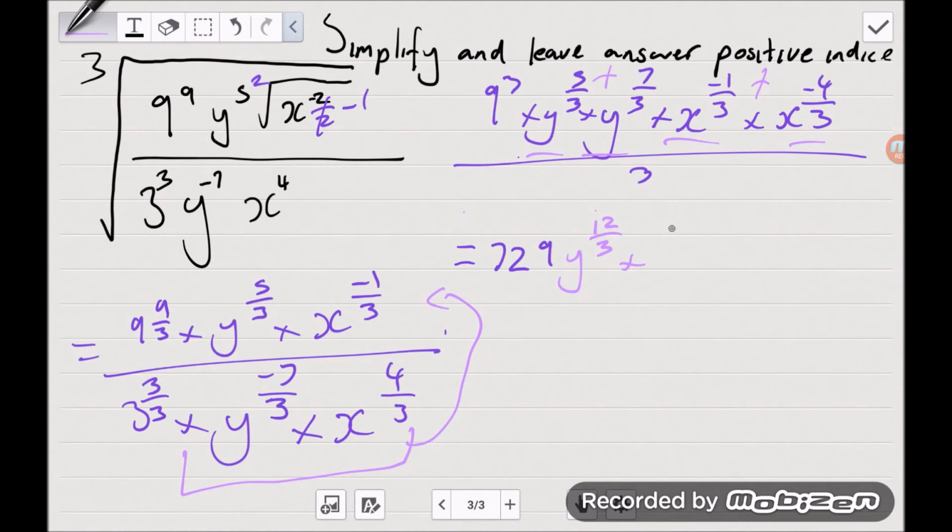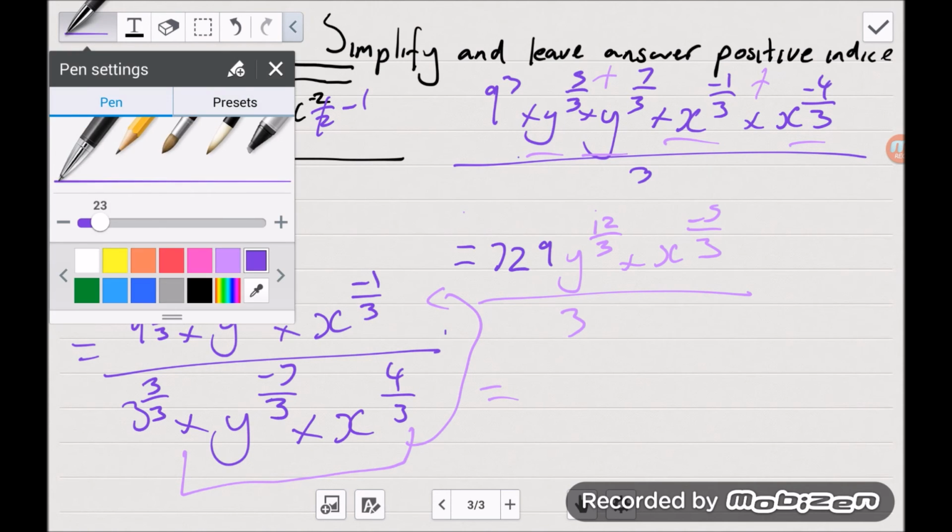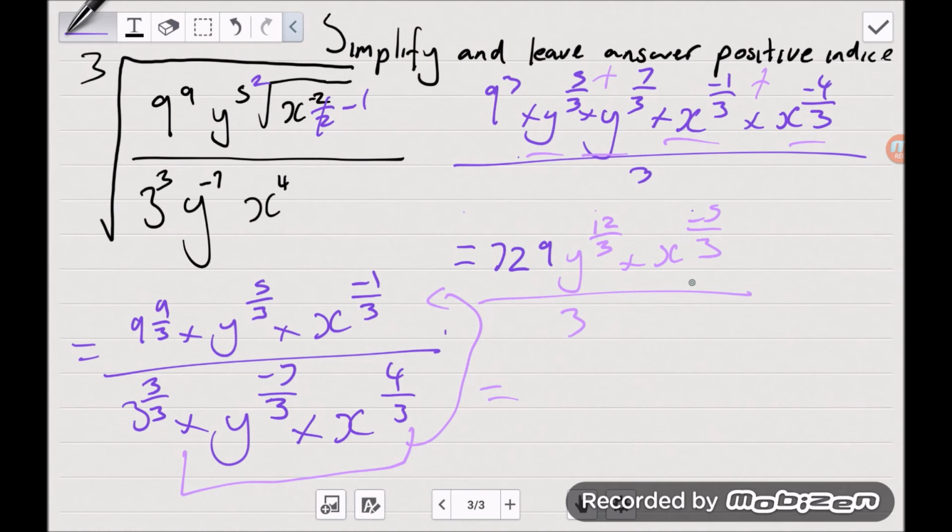So negative 1 plus negative 4 is x to the power of negative 5 over 3, which leaves it in positive indices after we bring this x to the denominator since it's negative, to make it positive. So 729 y to the power of 4 over x to the power of 5 over 3, and that's the final answer.